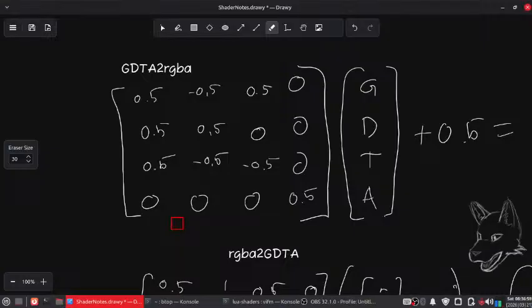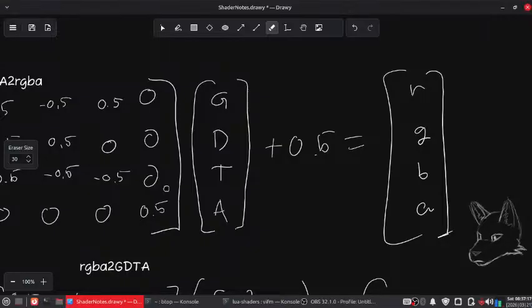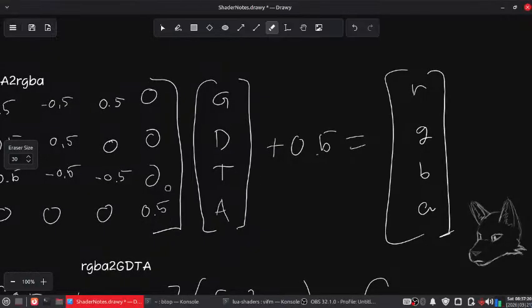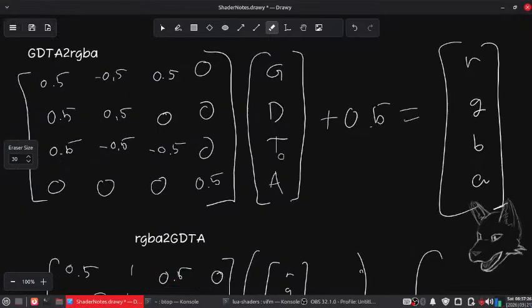Green is sunken. Green is sunken. So green is sunken. Green is Monday.